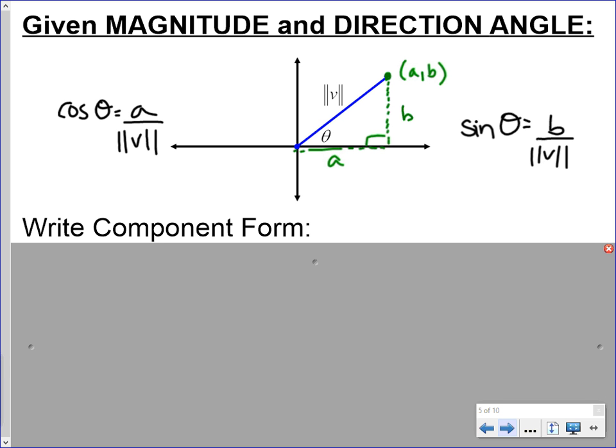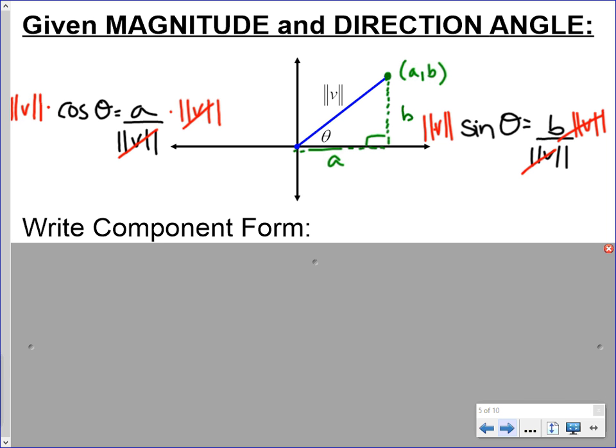So if I multiply both sides times the magnitude of v, then I'll have expressions for the vertical component b is really the magnitude of v times the sine of theta, and the horizontal component a is really the magnitude of v times the cosine of theta.